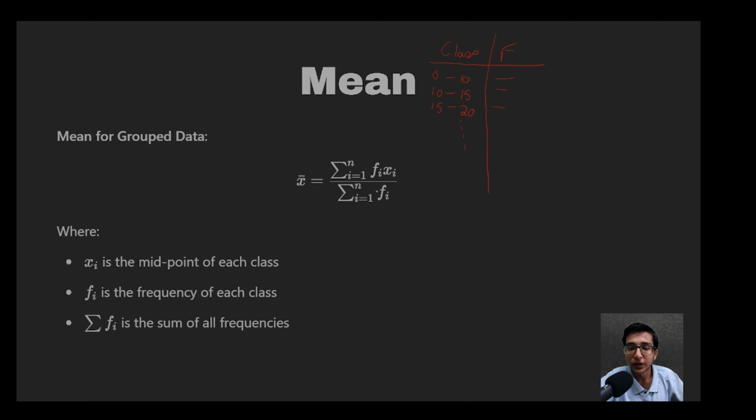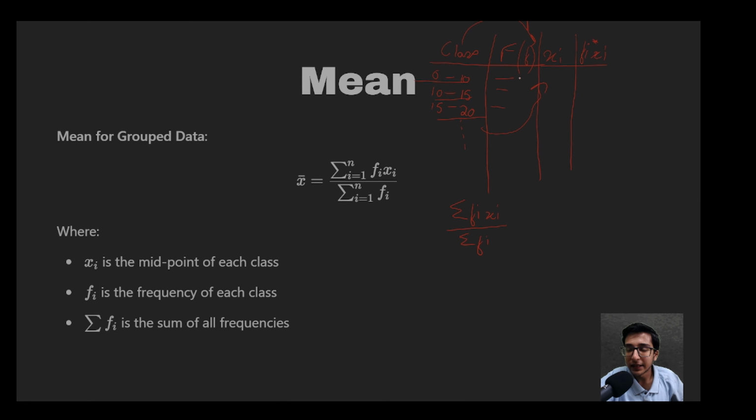Now how are you going to calculate the mean for this? It would be sigma fi xi upon sigma fi. Here, you can calculate the value of xi, which would be the middle term or the average of the class interval. You will get xi from there, and then, with frequency represented as f, you have to calculate fi into xi.